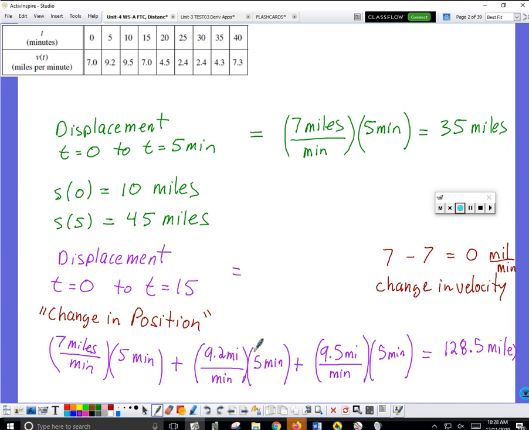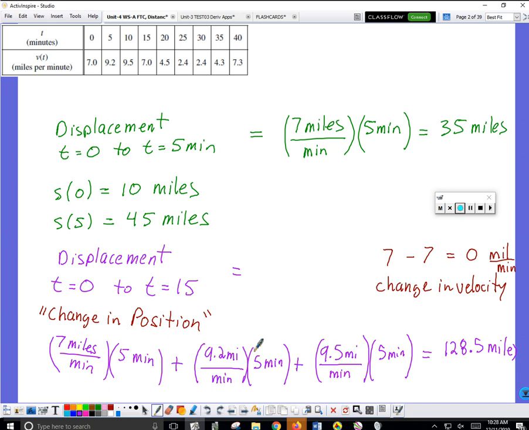Is it all 7, or is it increasing over time? Gotcha. Because it's a table, we actually don't know. So what I said in the beginning was that for this example we assume something that's not always true, but for now we'll assume it. We'll assume that for the entire 5 minutes, the velocity never changes.